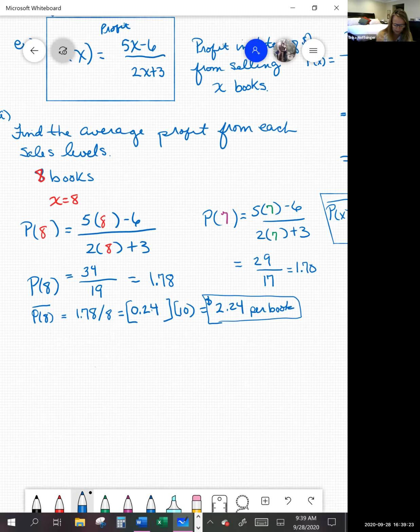But let's skip to this piece, which says find the marginal average profit function.